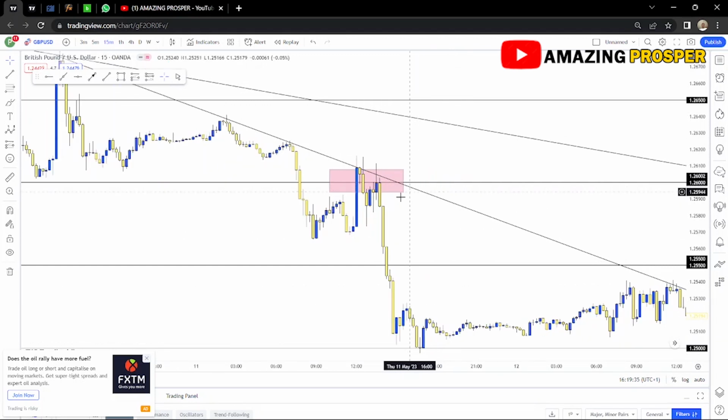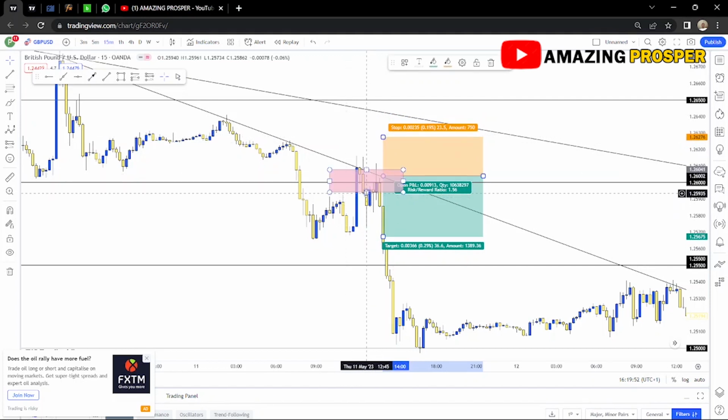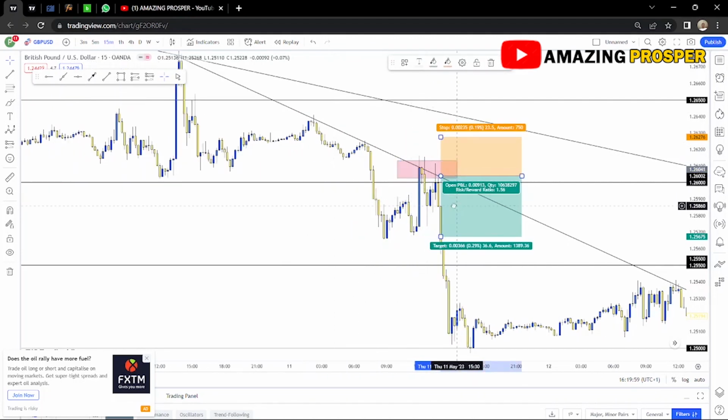Because I know that this place is going to be a very mega move, I will place my stop and start getting in from here. 20 pips, 20 pips, come down. So I will start getting in from somewhere here.